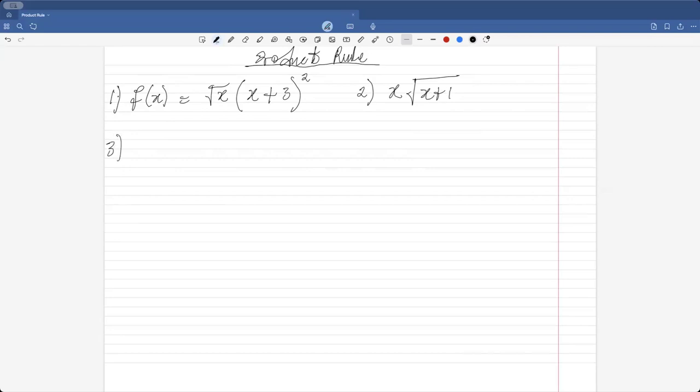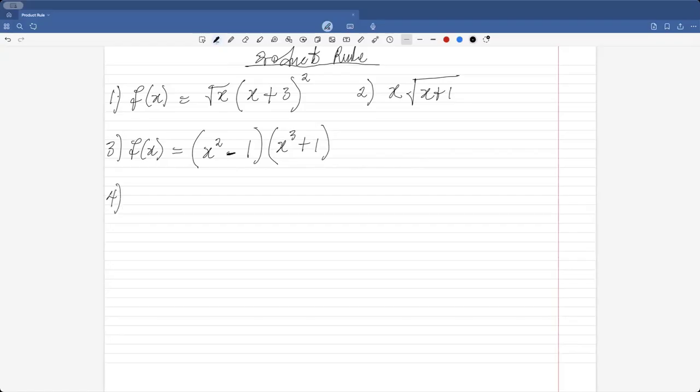The third question, of course, we have f(x) equals (x squared minus 1) times (x, oh, my bad, x cubed plus 1).